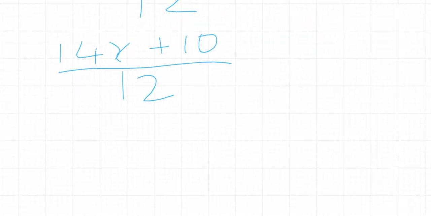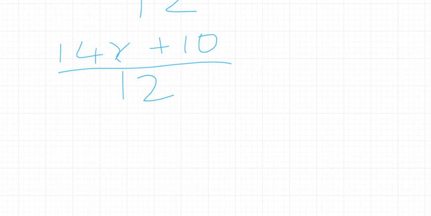But we can simplify this some more, seeing that the coefficient of x, the constant 10 and the denominator 12 are all even numbers, so they share a highest common factor that can be divided into all three.